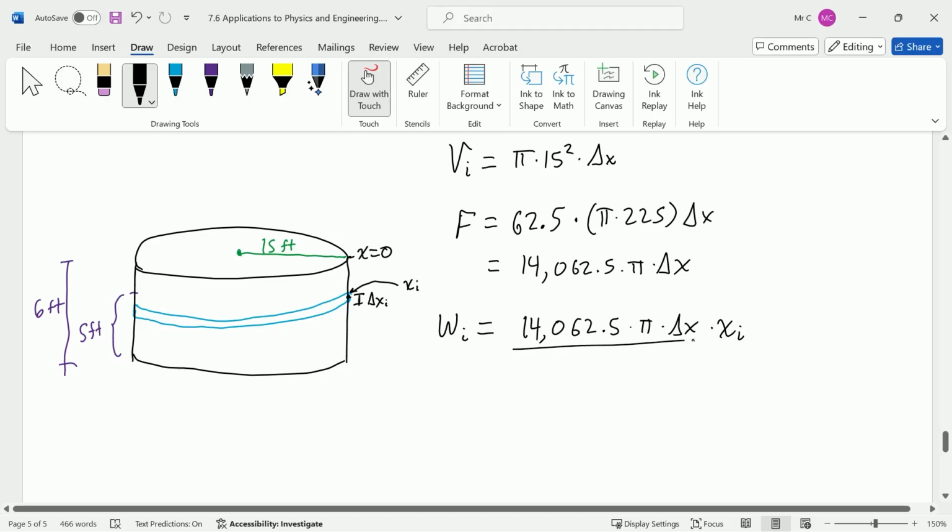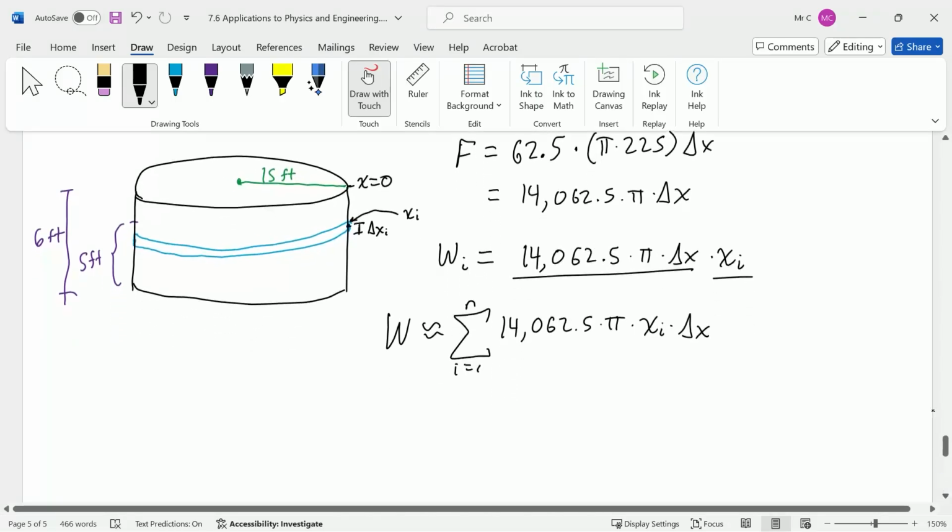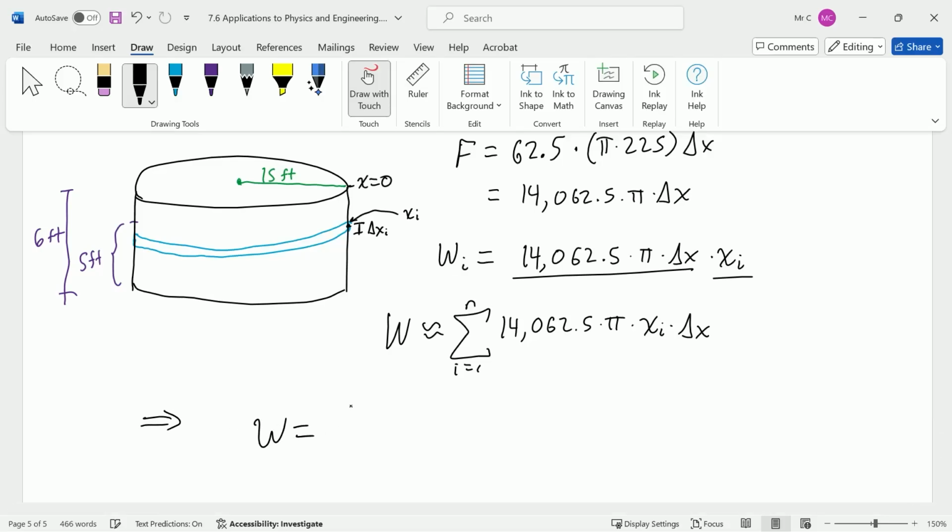So we've got our force times our distance, and now we take the sum of all of those slivers of water. And now how do we get the actual work? We take the limit as n goes to infinity, and that means that the work is the integral of 14,062.5 times pi times x dx.